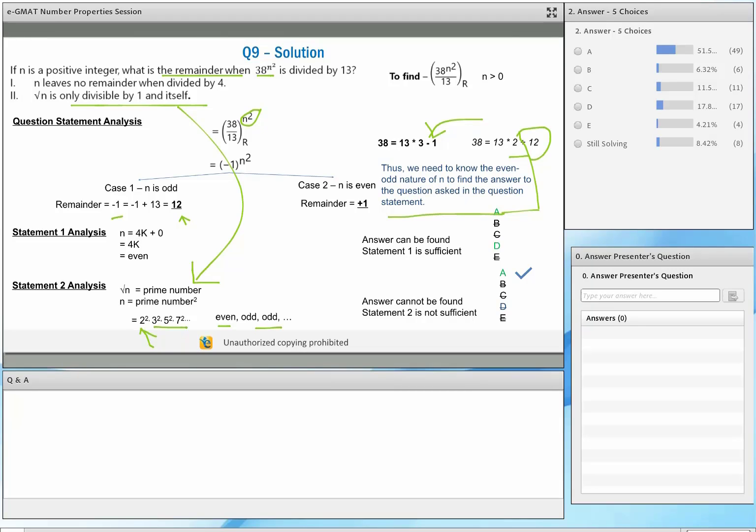And again, that's the power of the right approach towards quant. This is a 700 level question, a difficult question for sure. If the question said that n is greater than 2, then absolutely statement 2 would be sufficient.